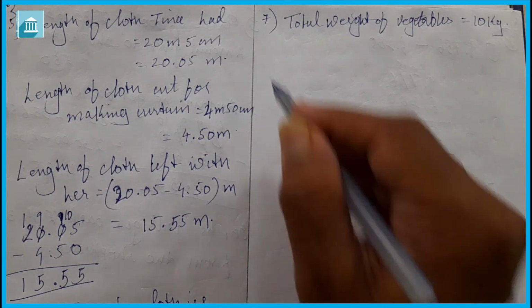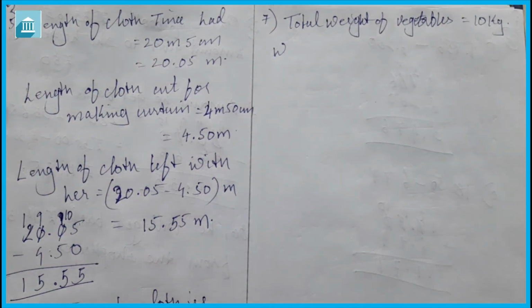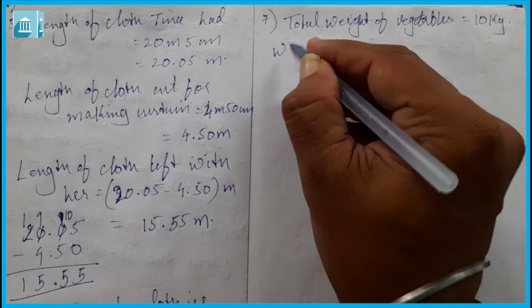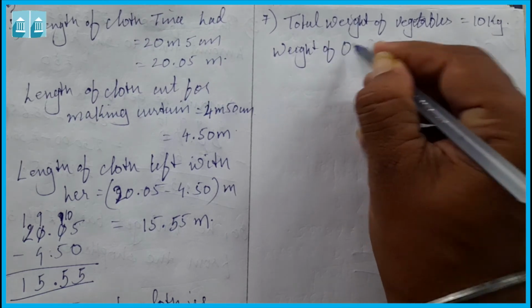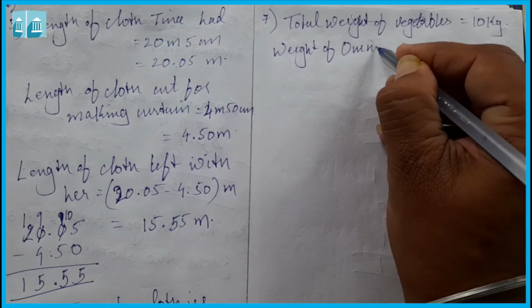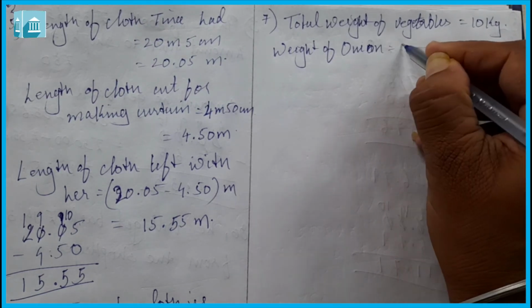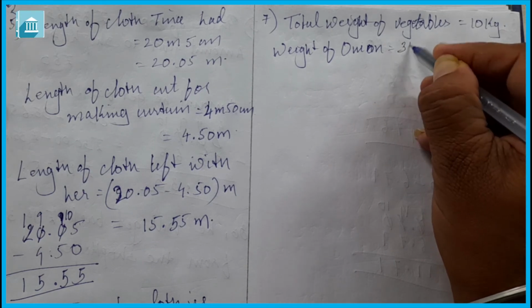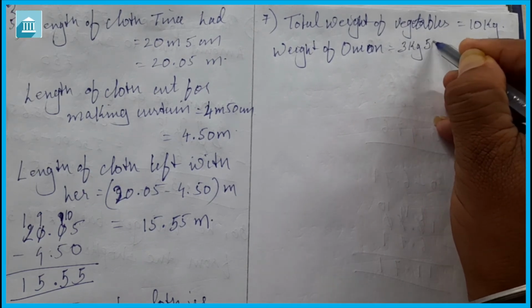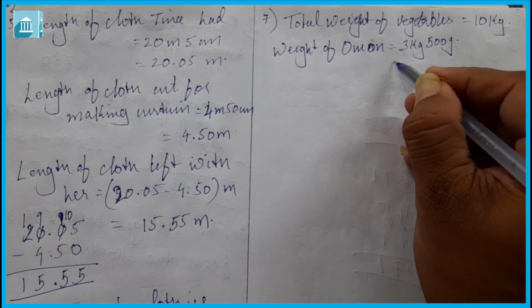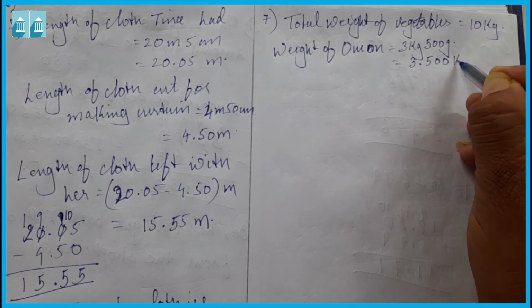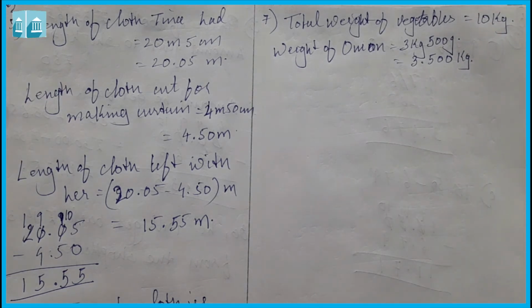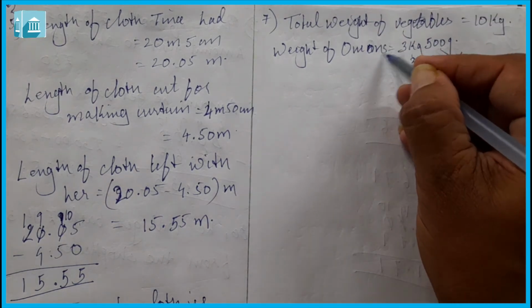Now weight of onion, here it is given, is 3 kg 500 gram, which is equal to 3.500 kg.